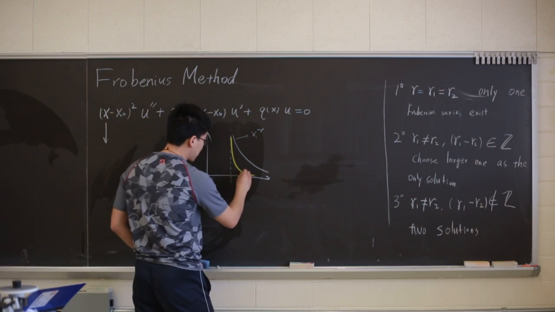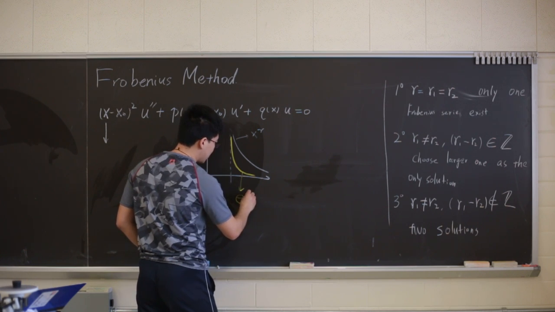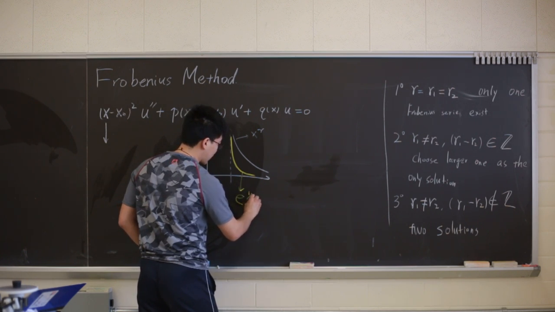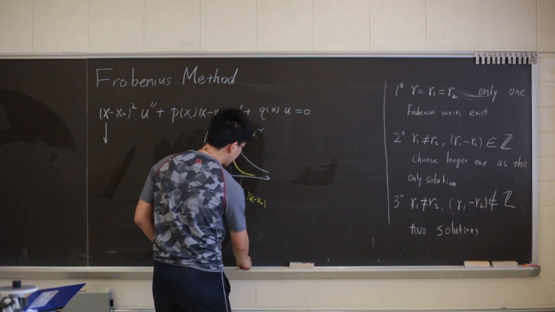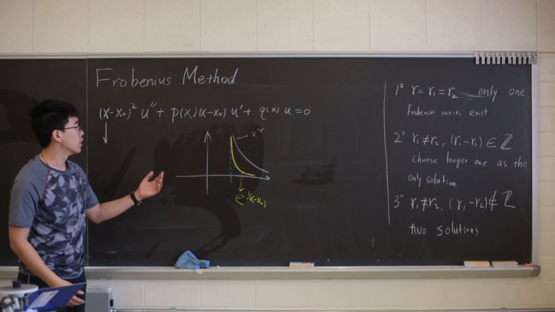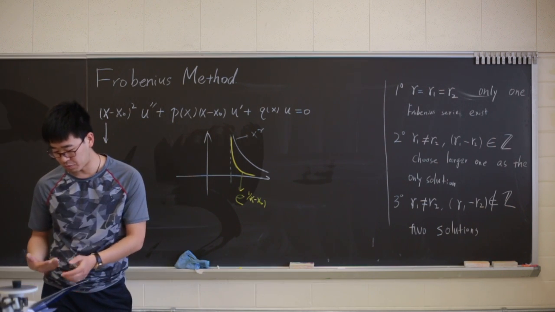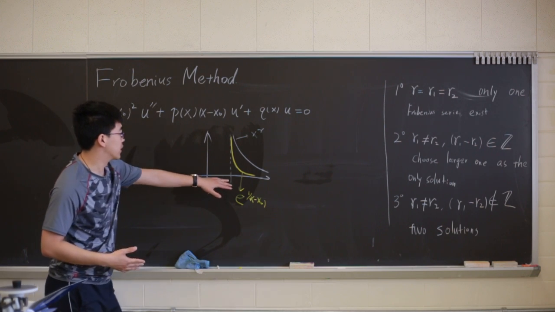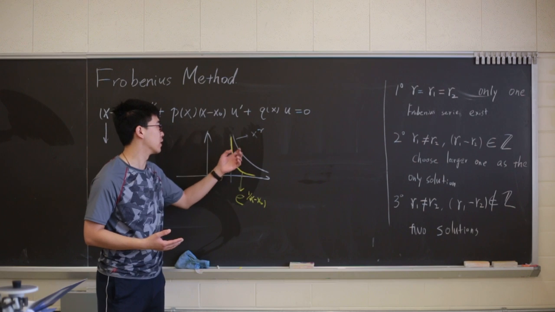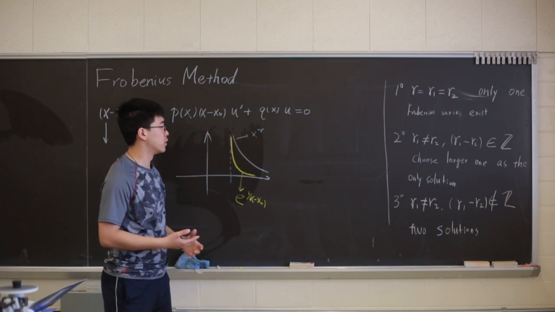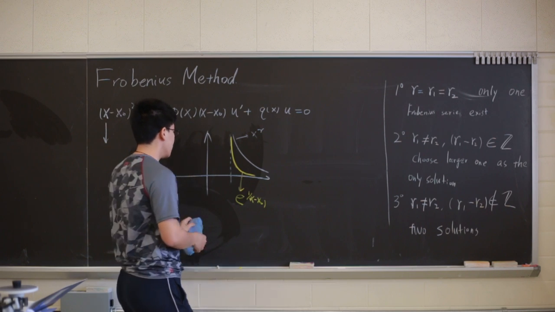What I mean by exponential is not x to the e, it's e to the 1 over x minus x naught. Something like that. So there's a way to using this, like exponential of growth, which is way faster than the polynomial, to solve an irregular singular point.